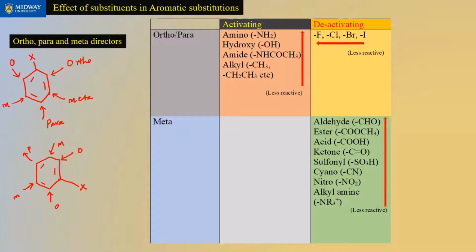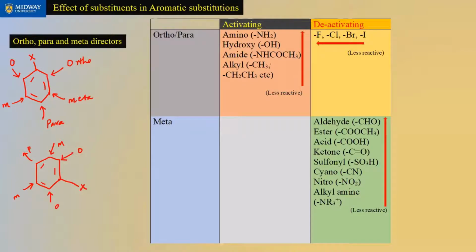Now, depending on what the X is, where the incoming group goes is what we were really going to focus on in this video. Okay, now there's really 2 major topics here: ortho, para directors, and meta directors. Say if your X is one of these groups, okay, amino, hydroxy, amide, alkyl.